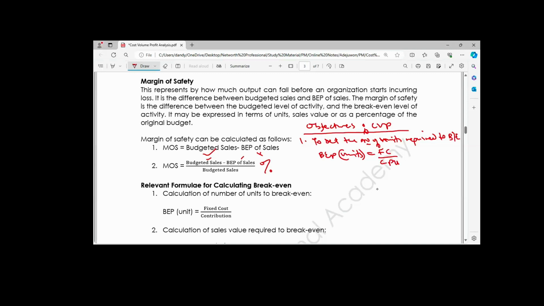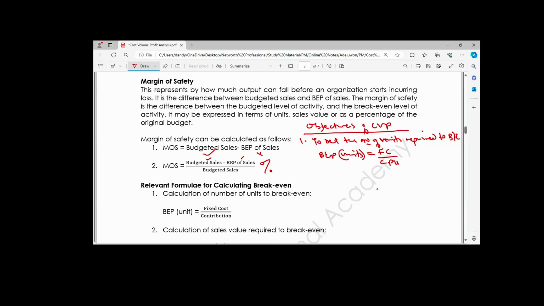So I repeat, the first objective of CVP is to determine the units required to break even. Like I mentioned to you the other time, you may want to incorporate in your business plan the worst case scenario, by way of a break even, not making profit or loss.